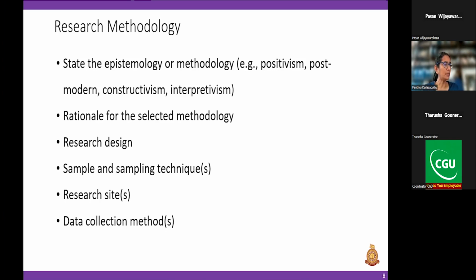Recently, somebody told me the supervisor was advising against primary data collection because ethics clearance will take time and is complex. So they were encouraging secondary data collection, right? So mention whether you want to do primary data collection or secondary data collection.